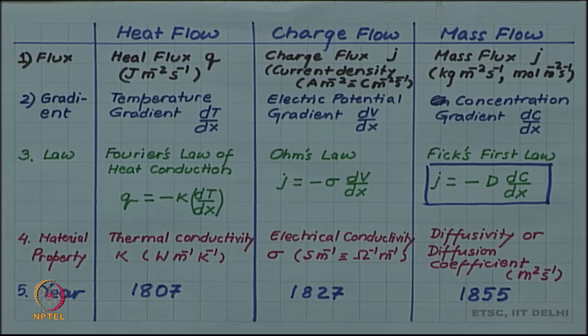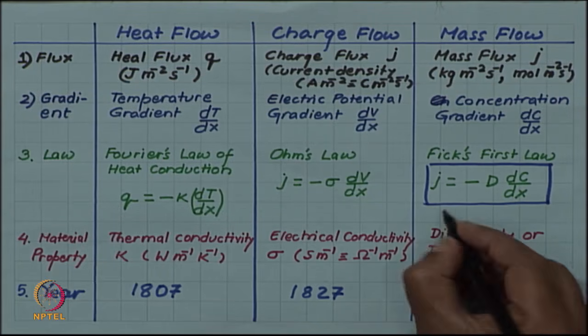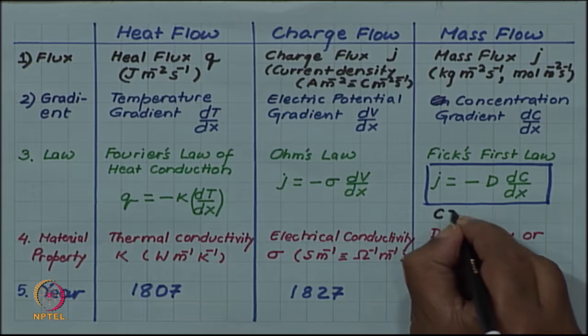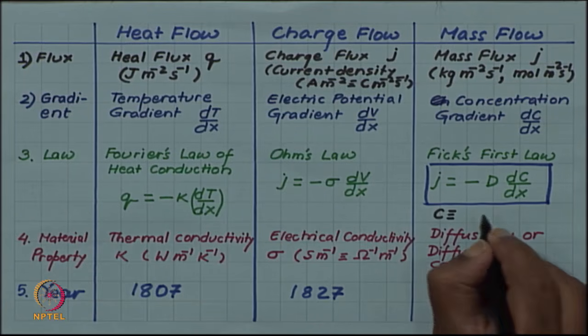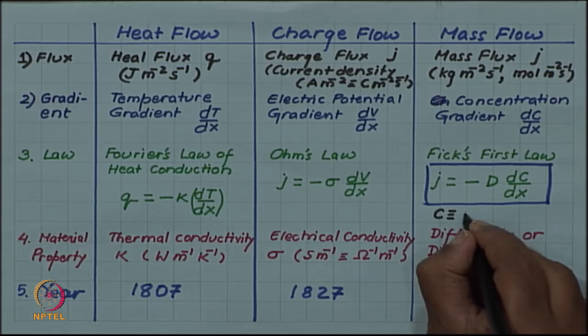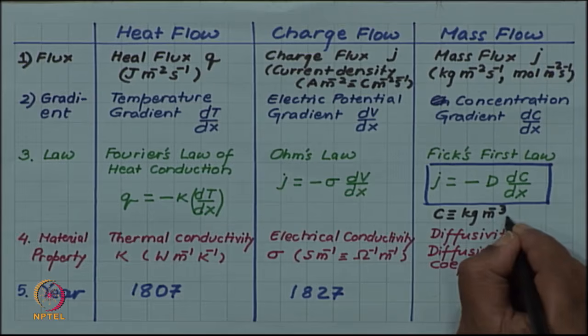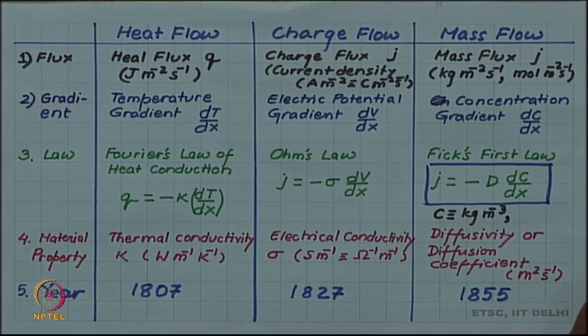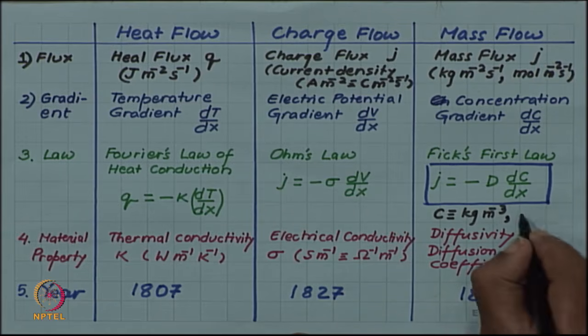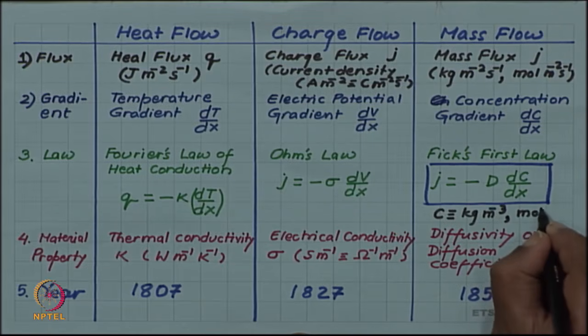And remember that if you see the unit of diffusivity, meter square per second, this indicates that our C should always be in the units of per unit volume. So, the concentration should be volumetric concentration, kg per meter cube or moles per meter cube.